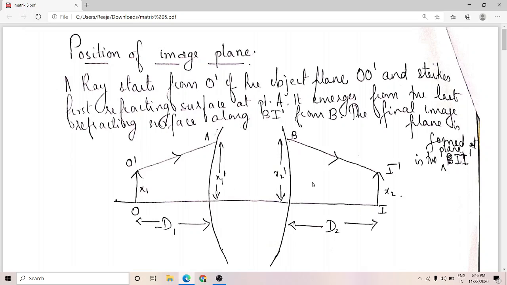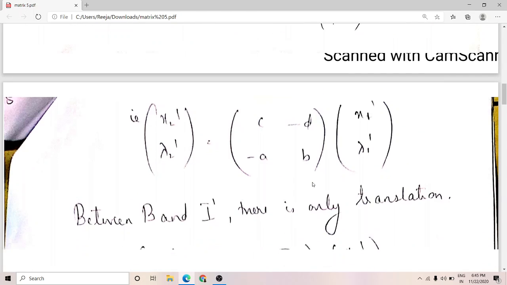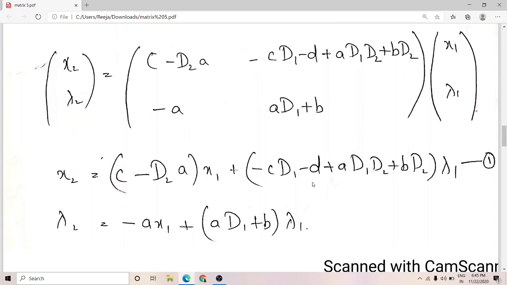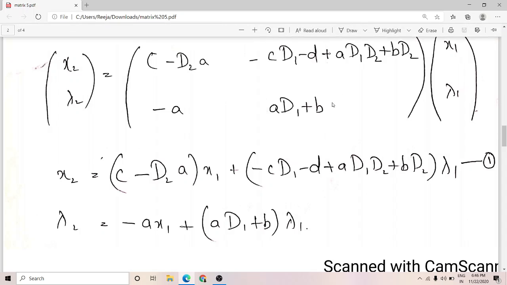After that, the equation for the image plane was found out: the final refracted ray vector, represented as a column matrix, x2 lambda 2, is equal to this whole system matrix into x1 lambda 1. And now I wrote it as two linear equations. x2 is equal to this term into x1 plus this into lambda 1, and lambda 2 is equal to this.